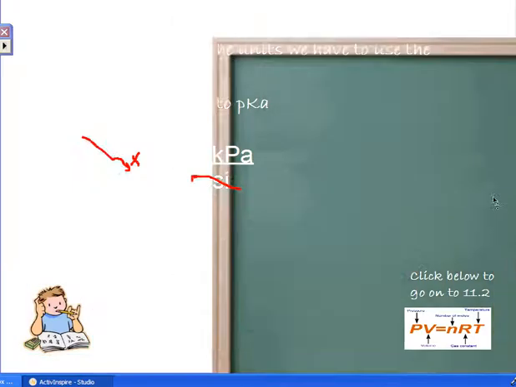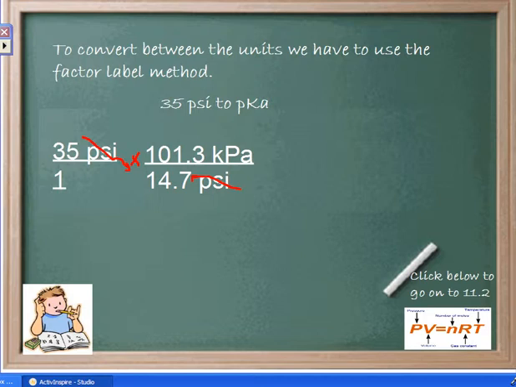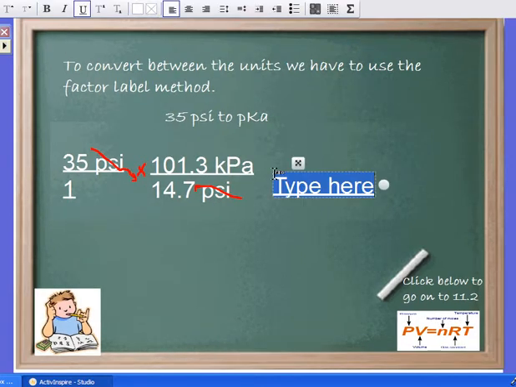So all we're left with, actually, when we're done, is 35 times 101.3. Now it's kPa.